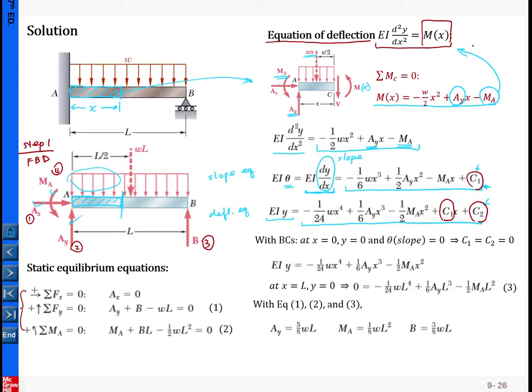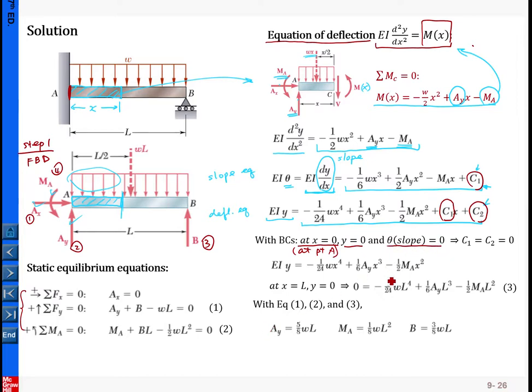Right now the strategy is to solve for the two unknowns, so we apply the boundary conditions. Here we have two boundary conditions, and the first one we can apply is at A. At x equal to 0, that means at point A, we know the deflection equals 0 and slope equals 0.